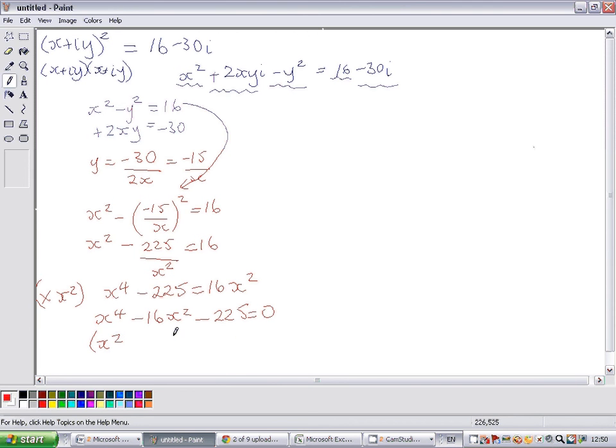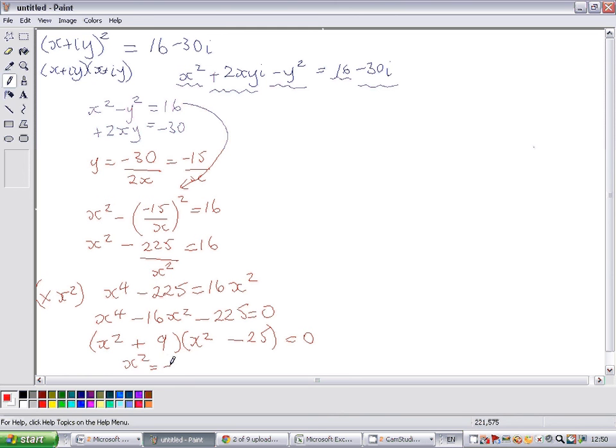At the beginning, x to the 4 can be split into x squared times x squared, and then 225, well, there's various different ways of splitting 225 into two factors, but given that we've got a 16 here, I think 25 and 9 might be a good choice. So looking at the signs, I think it's minus 25 and plus 9. So we've got two possible solutions: x squared equals minus 9, or x squared equals 25.